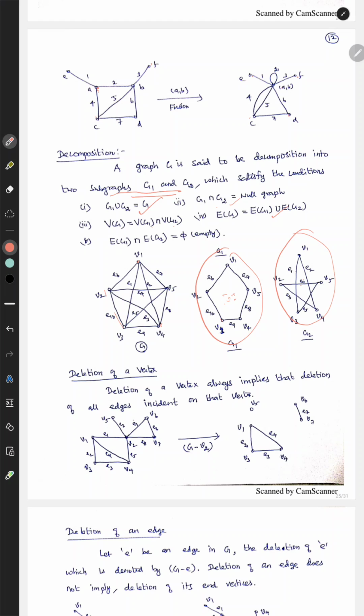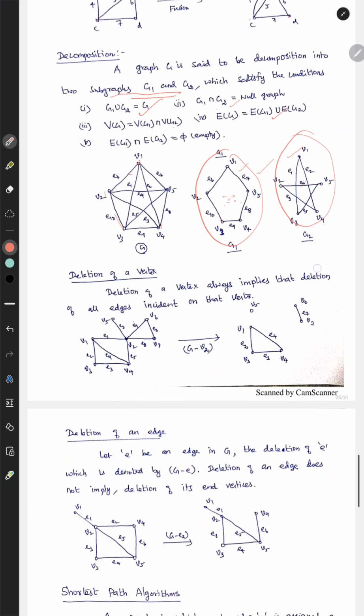All the edges of the graph should be in one of the decomposition subgraphs only. So any vertex you take in the graph is there in both the decomposition subgraphs, and any edge you take is exactly in one of the decomposition subgraphs. If in such a way you can find two subgraphs, those subgraphs will be called a decomposition of your graph.